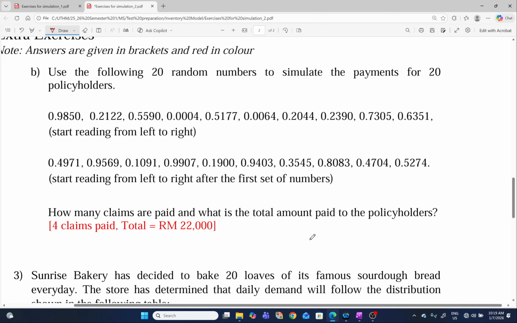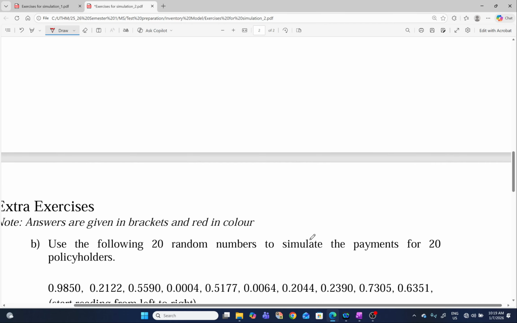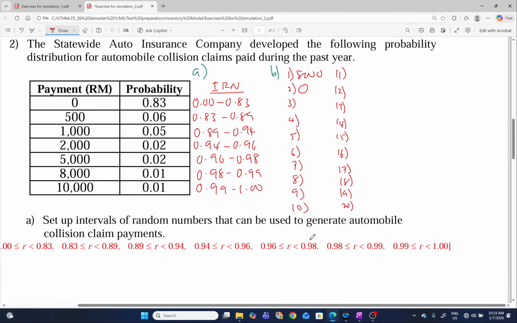Alright, I suppose you guys have done this. Let me write here. So it's going to be all the way 0, am I right?